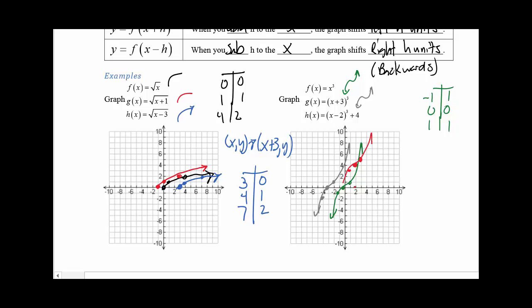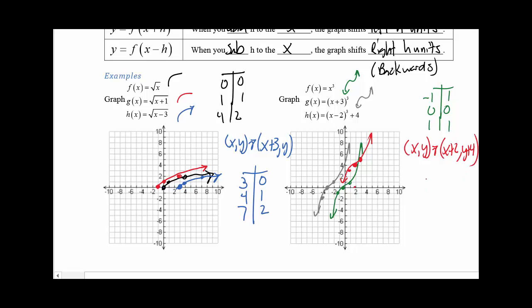And then I want to draw in the sketch from there. Now, the nice thing is, if we look at what the mapping does, we can see numerically what's happening to each of our ordered pairs. So here, for the x's we're going to add 2, and for the y's we want to add 4.